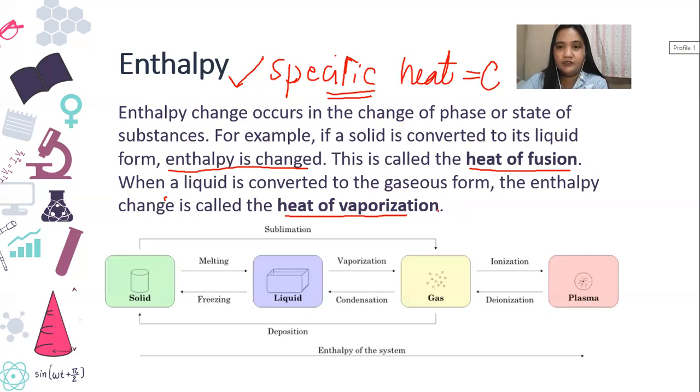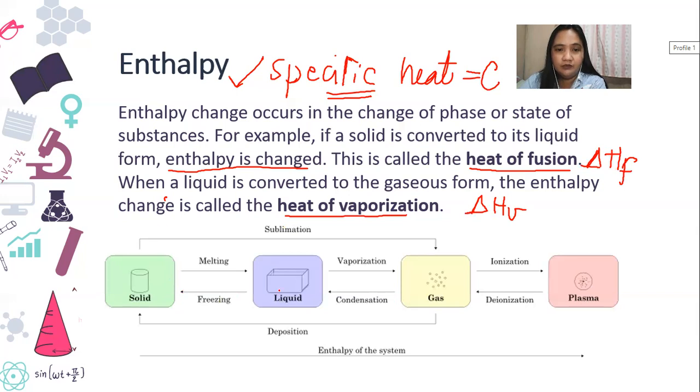I think you've seen these in your data tables. Heat of fusion is written as delta HF, and heat of vaporization is written as delta HV. So let's go to this little diagram here.